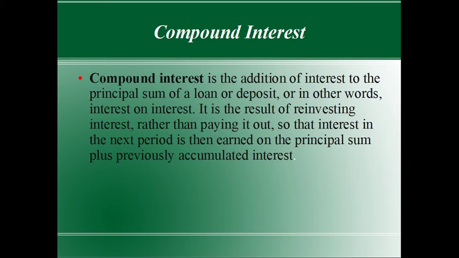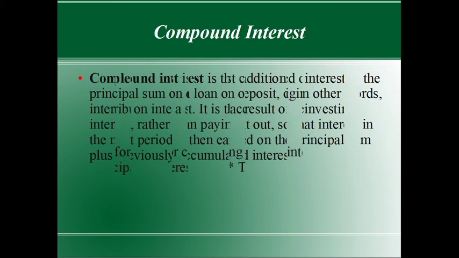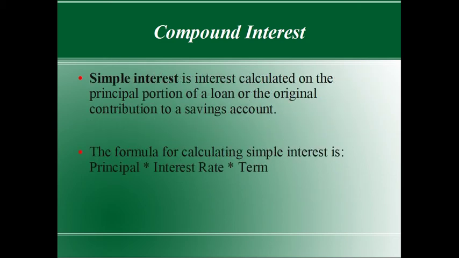In order to help us do a fair comparison, we need to look at what simple interest is. Simple interest is basically just the interest you earn on the principal. It is the interest calculated on the principal portion of a loan or the original contribution to a savings account.